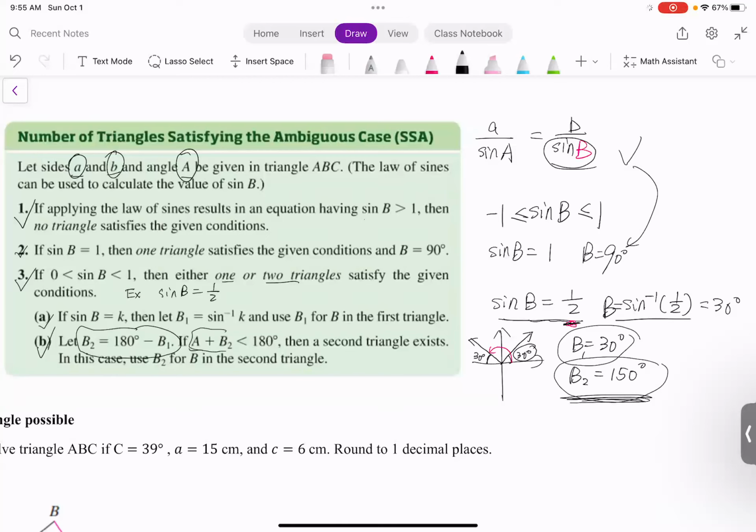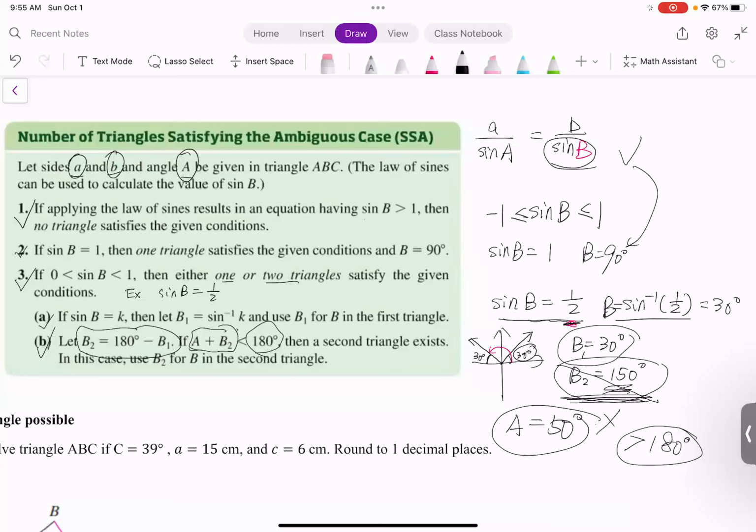If the given angle A plus B sub 2 is less than 180... for example, let's say angle A equals 50 degrees, and then A plus this angle is greater than 180, that's 200 degrees. I know that the sum of three angles cannot be greater than 180. So this is not my solution.